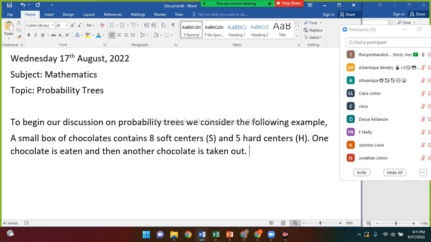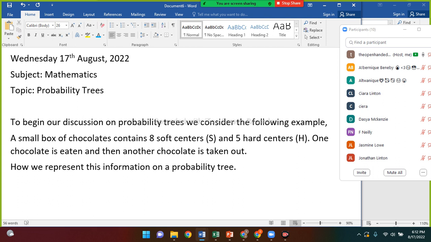So how can we represent this information on a probability tree? Remember what's happening. We have a box containing 13 chocolates, 8 with soft center and 5 with hard centers.